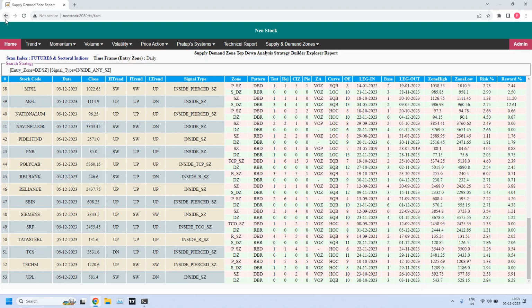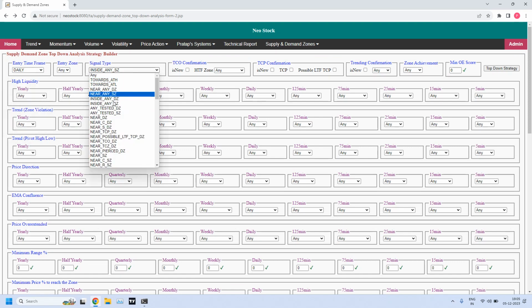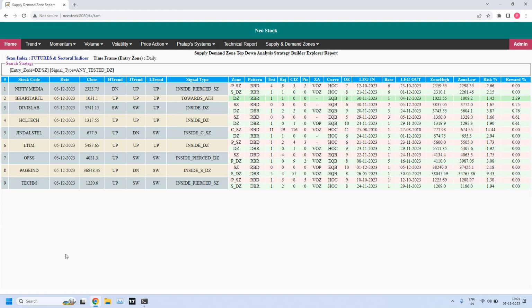So let's go back. Entry time frame is daily. Let us find the stocks that tested the daily demand zones. These 9 stocks tested the daily demand zones.